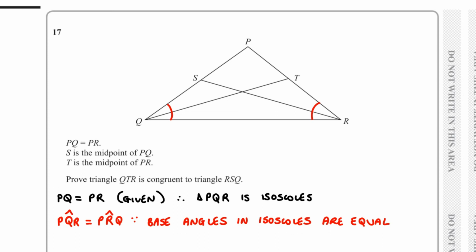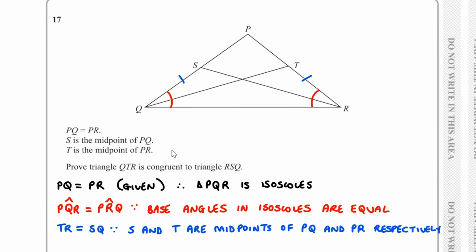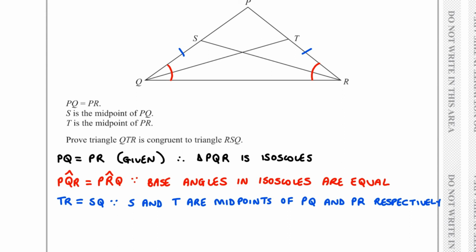Now, we can also see that TR is equal to SQ, so this length here is equal to this length here, and that's because S and T are the midpoints of PQ and PR respectively. And what you'd also find is, if we think about which triangles we want to show are congruent, we want to show that QTR and RSQ are congruent.